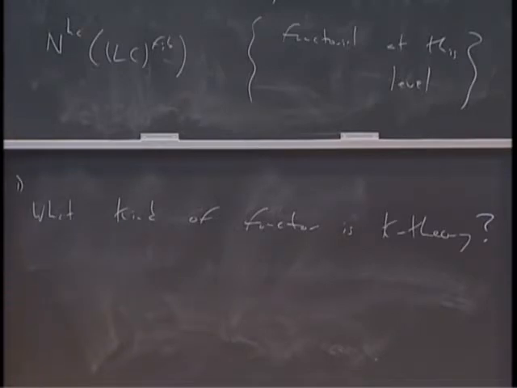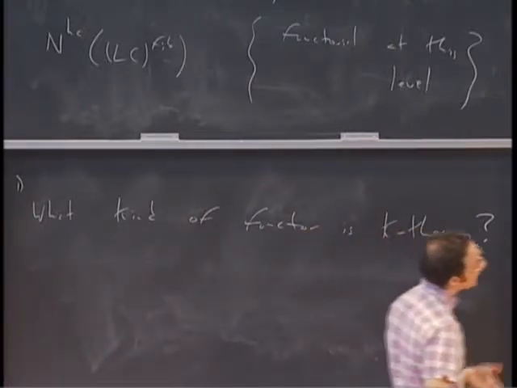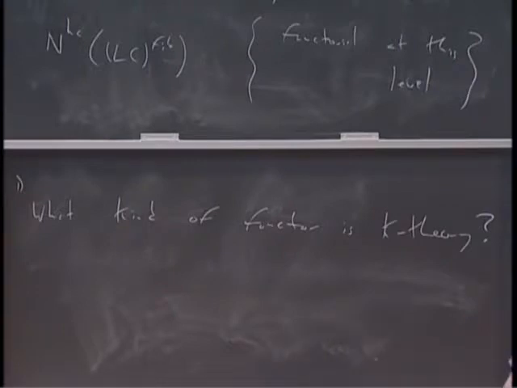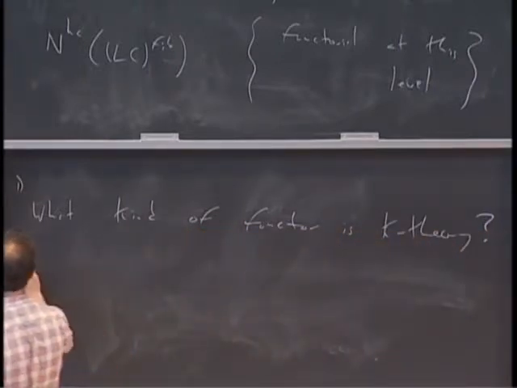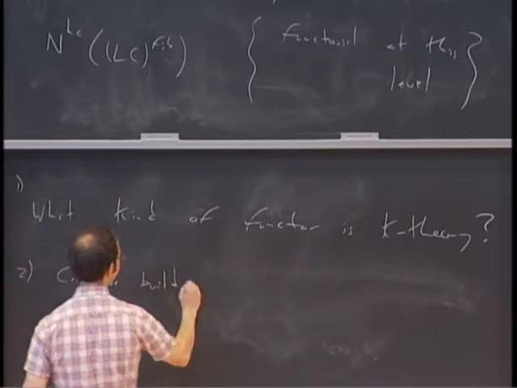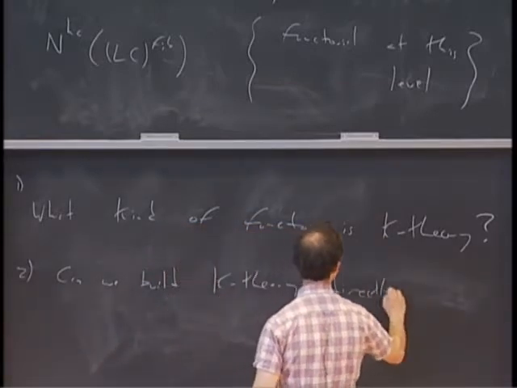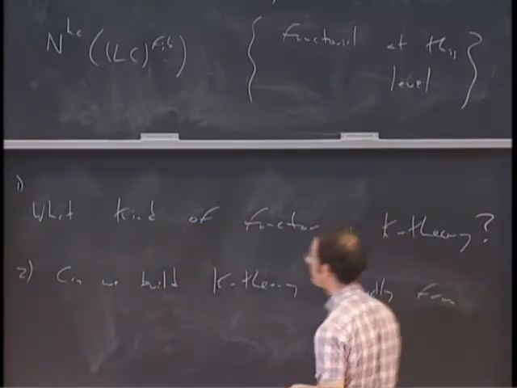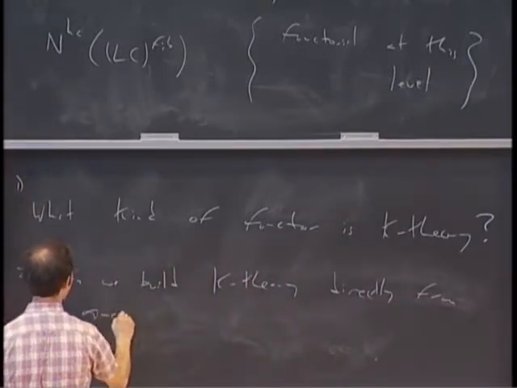It's some homotopical functor that preserves DK equivalences from some subcategory of small infinity categories to spectra. But can we say anything more about characterizing it? And two, can we build K-theory directly from, let's say, infinity categorical data?